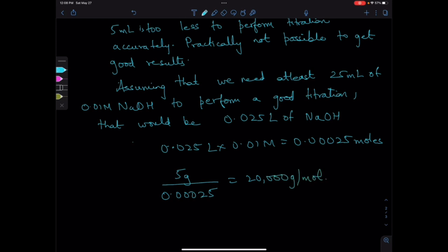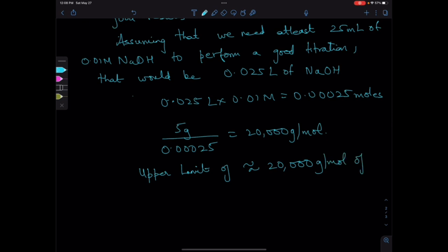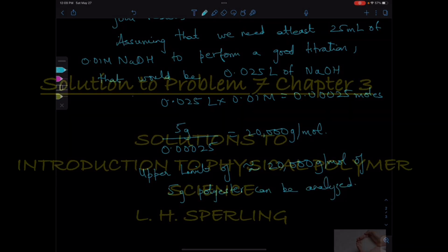So we can say that maybe an upper limit of approximately 20,000 grams per mole of polyester, of a 5 gram polyester, can be analyzed using this method of titration.